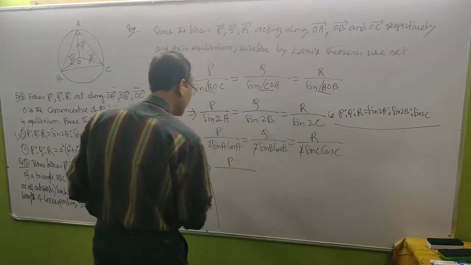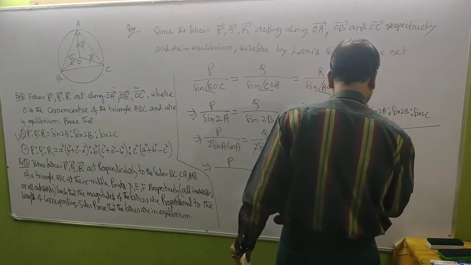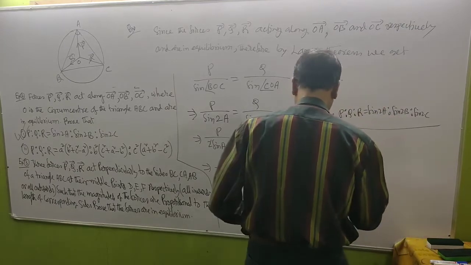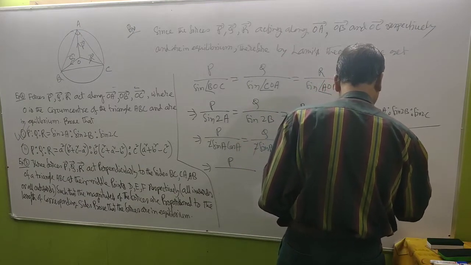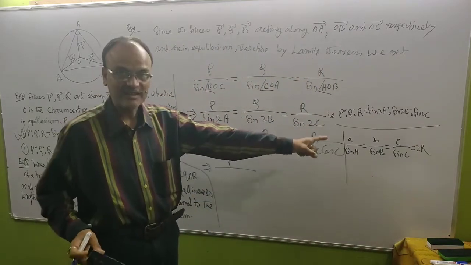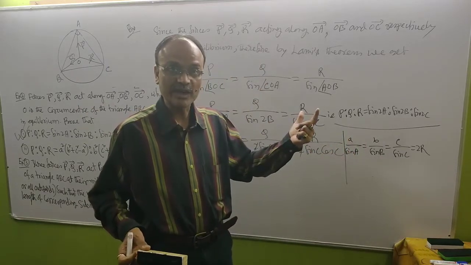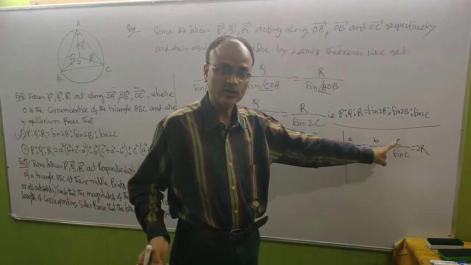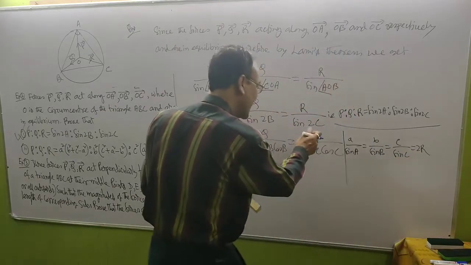You know that a by sine A equals b by sine B equals c by sine C, which is equal to twice R. From trigonometry, small a means the side BC of the triangle ABC, b means the side CA, and small c denotes the side AB of the triangle ABC. In place of twice R, here R is already used.